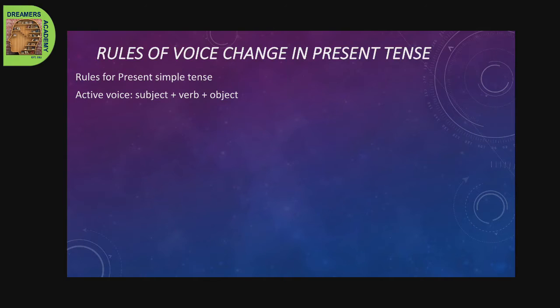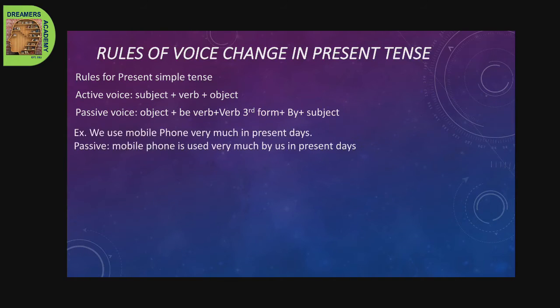The structure of the active voice is subject plus verb plus object, and the structure for the passive voice is object plus be verb plus verb third form plus by plus subject. Example: we use mobile phone very much in the present days. It is the simple present tense. The passive voice should be: mobile phone is used very much by us in present days.